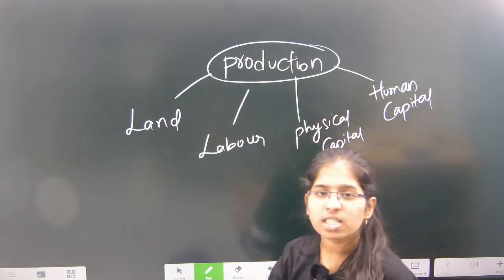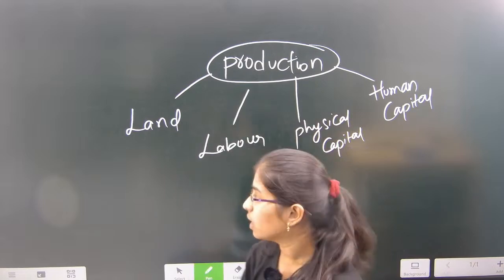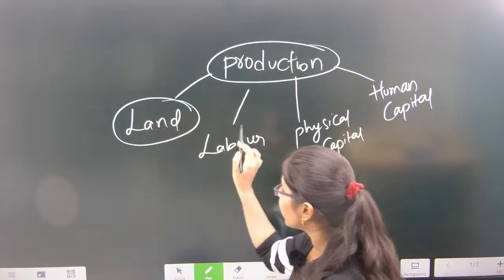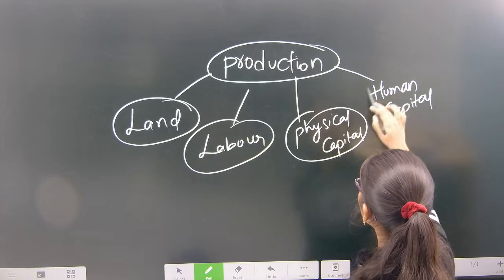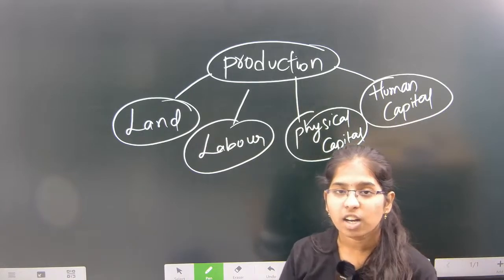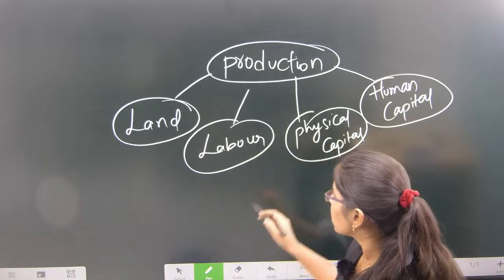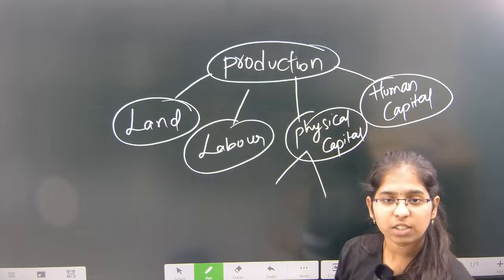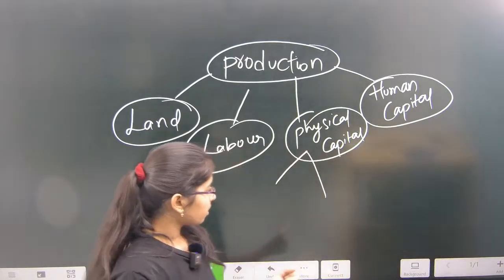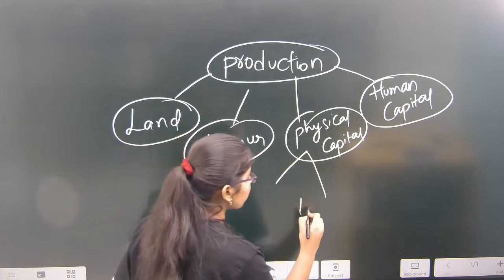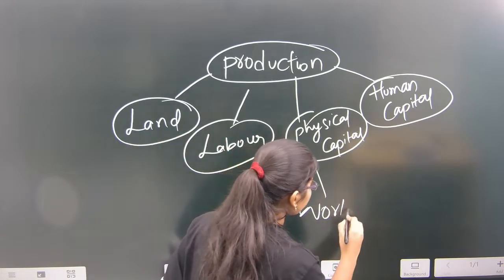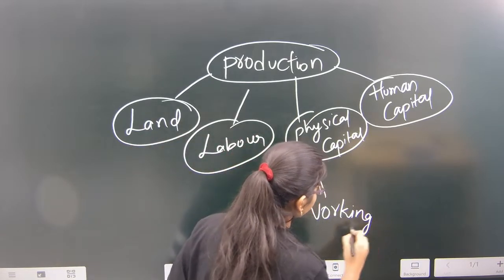See, these 4 constitute factors of production. That means it is the land, labor, physical capital and human capital which are essential for any production. See, again the physical capital has been divided in 2. See, it was working physical capital and fixed physical capital.